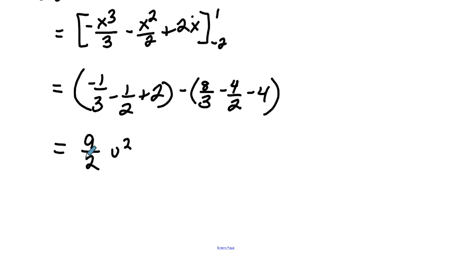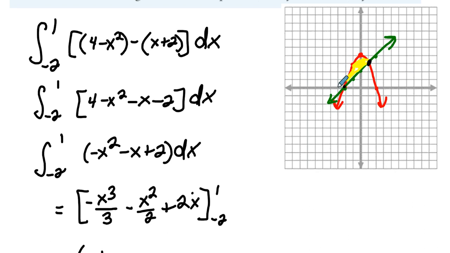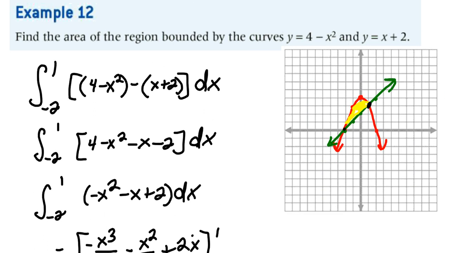Now, in order to do this though, I had to figure out where my graphs intersected each other. This one I could easily see. If you can't see, you have to set the functions equal to each other. In this case it was really easy, the points were right on there. But otherwise, if I need to figure out where my x values are the same, I have to set my equations equal. So 4 minus x squared has to equal x plus 2.